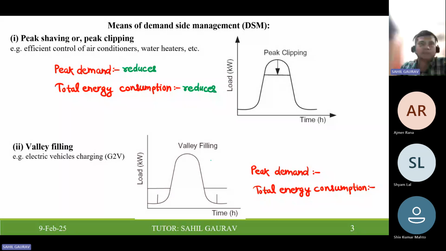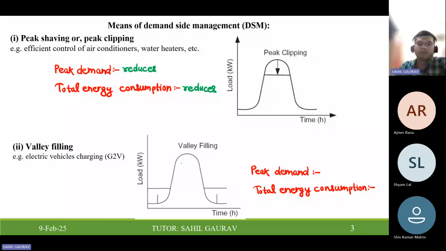Now coming to the second means of demand side management, that is valley filling. It means how you can increase the off peak demand. Here the demand is very low during, I suppose, this is morning hours and this is late night hours. So the demand is very low. It is a type of valley occurring in this load curve.